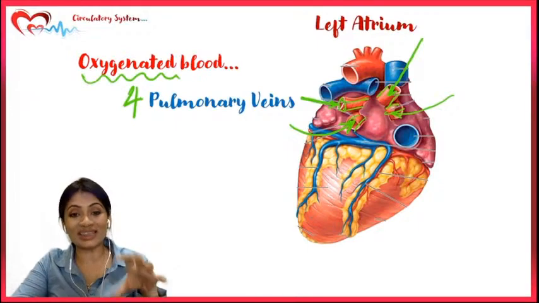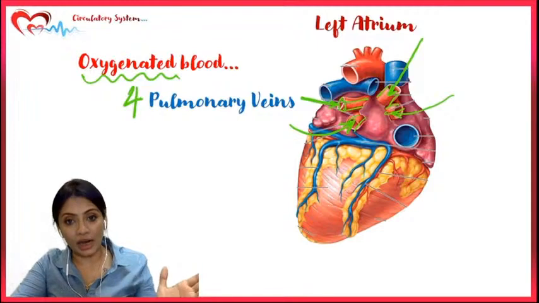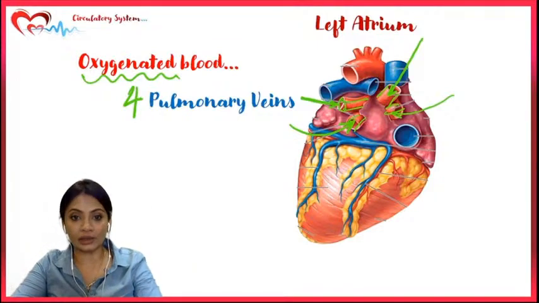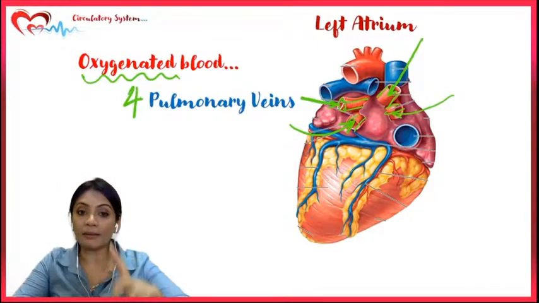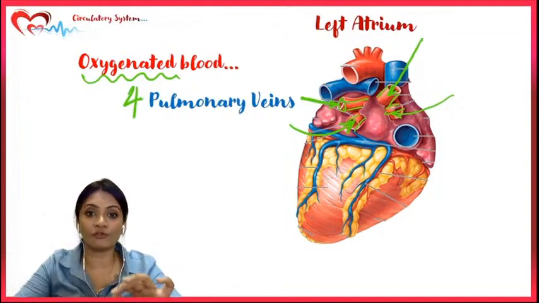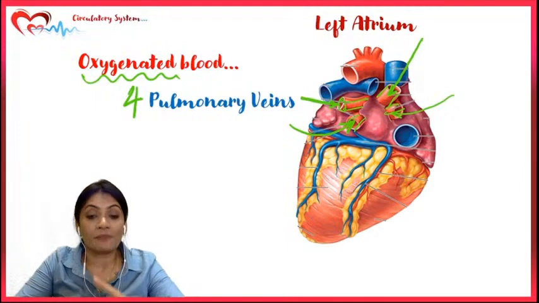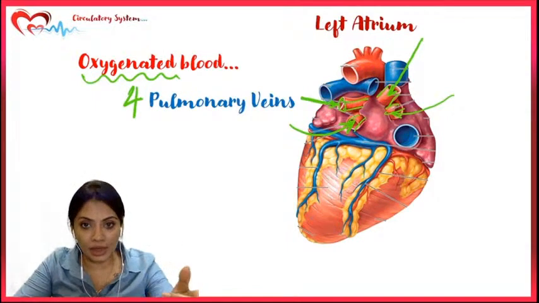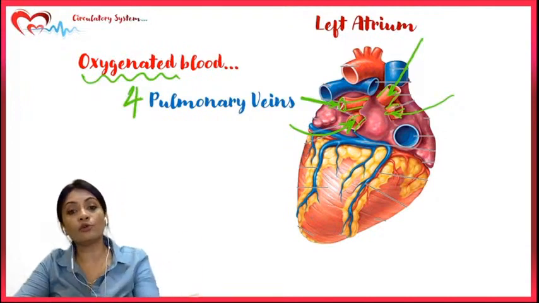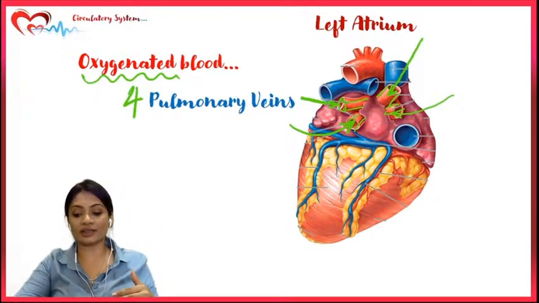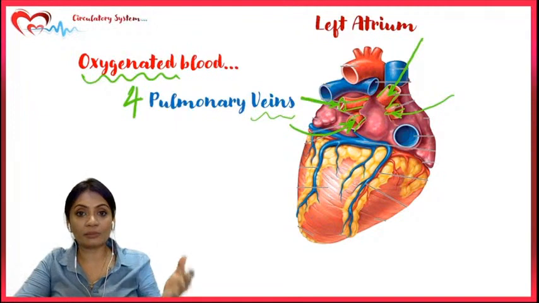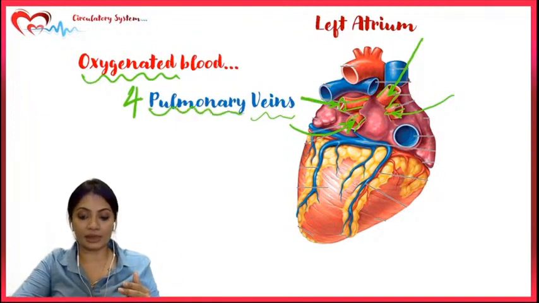Alright. So we see that oxygenated blood from the lungs is taken to the heart through 4 pulmonary veins. Remember that generally, veins indicate deoxygenated blood. But this vein is bringing blood from the lungs. Because it is removing blood from the lungs, it is called a vein, and because it is related to the lungs, it is called pulmonary.